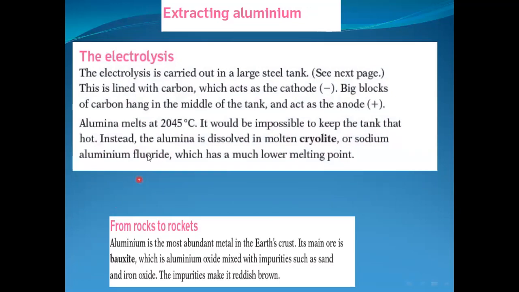Now, in most of my sessions, I prefer to share a video about extraction of iron from a blast furnace. Okay, so now you understood what are the chemical equations, what is the ore, which one is an acid-base reaction, which one is a neutralization reaction, which one is a thermal decomposition reaction, and so on.